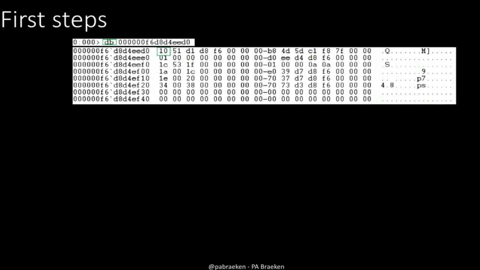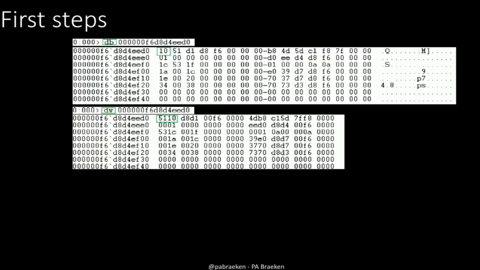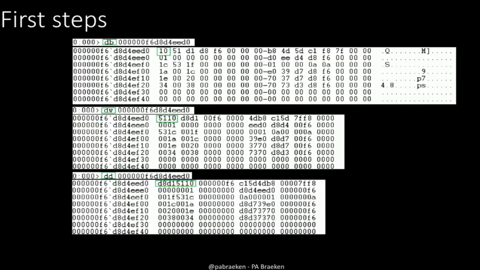First step, when you use WinDbg, you can do db, which displays bytes with little-endian transformation, and you will have some very interesting information like that. You can also do dw to display words, 2 bytes, and dd to display double words, you understand the concept. If you do du, you display Unicode.